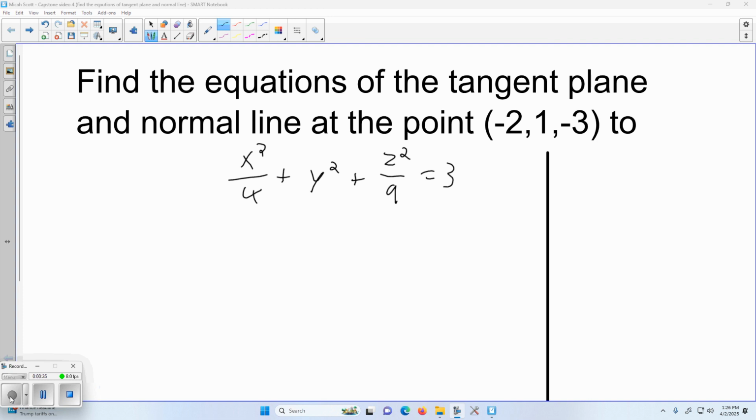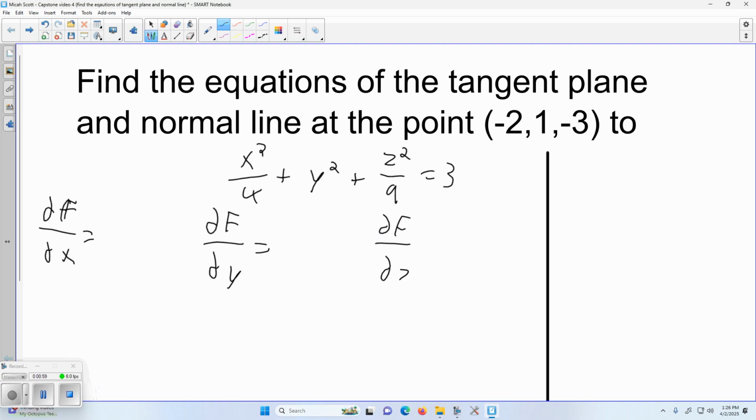First we'll do it with respect to x, with respect to y, and with respect to z.